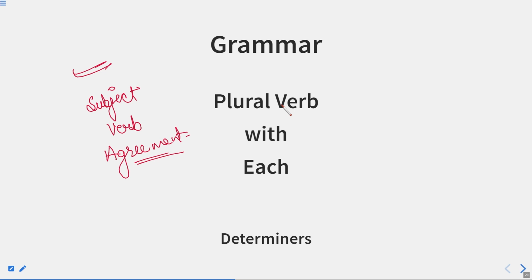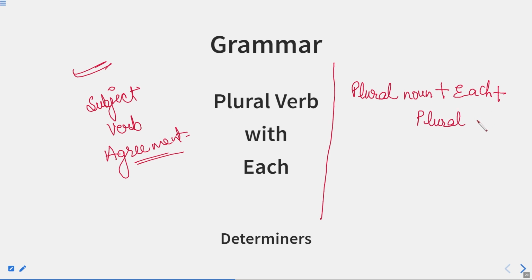How? What is the rule? We'll discuss in this part. Suppose we have a plural noun. It is followed by the word each. Now the word should be each only. After that, we can have a plural form of verb. In fact, it is necessary to have a plural verb after it.